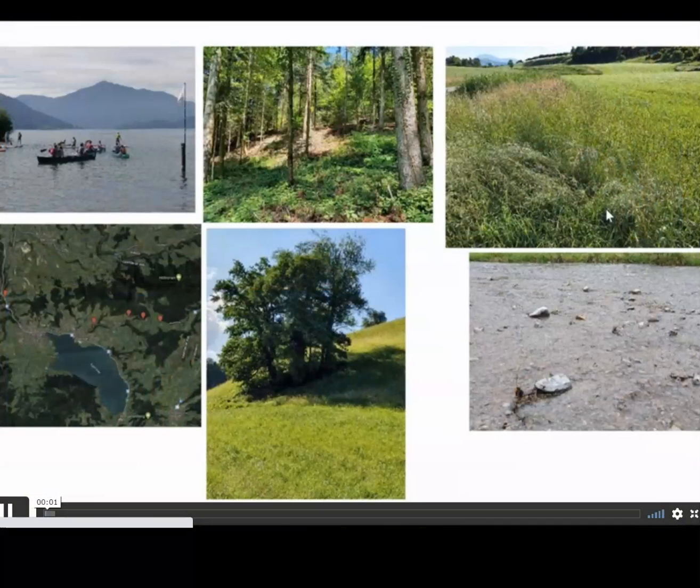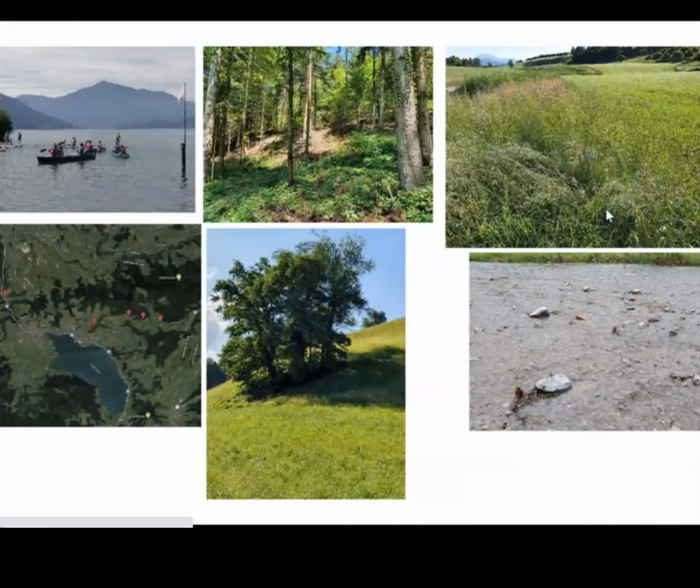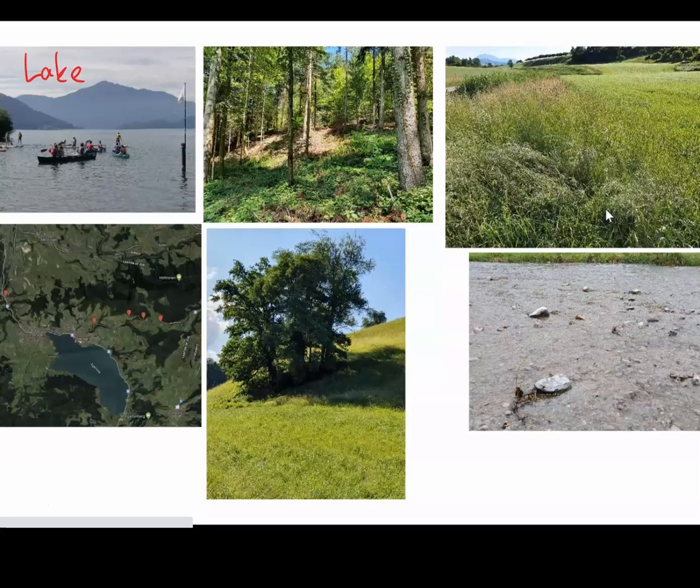Okay, in this presentation I want to show you how different systems can be sampled and studied using just those two basic techniques of transects and quadrats, random sampling or systematic sampling, and it depends upon what question you want to answer or ask for that matter. Okay, so here we've got 6 different systems.